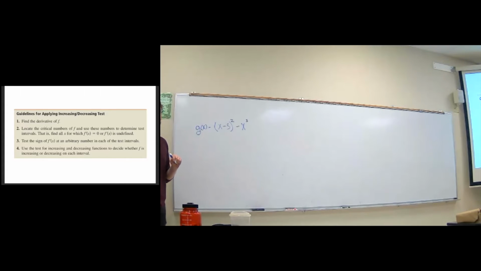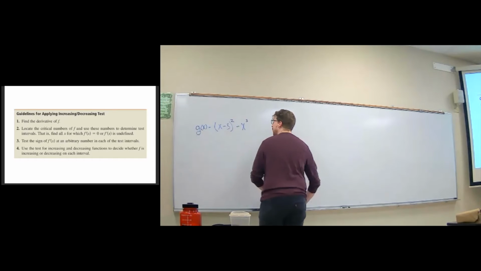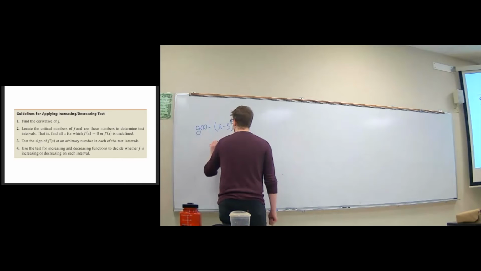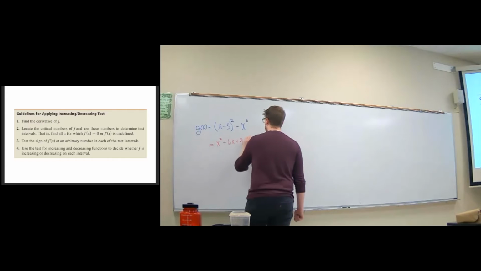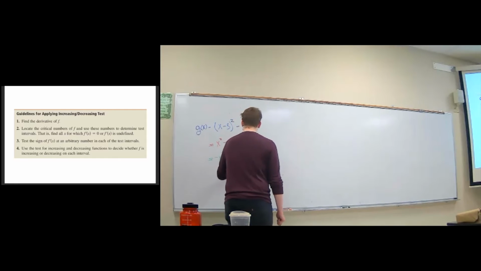And if so, where? This function, when we FOIL it out, is going to be x squared minus 6x plus 9 minus x cubed. So we could rewrite it as negative x cubed plus x squared minus 6x plus 9.